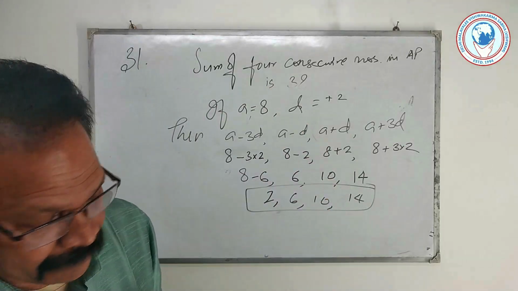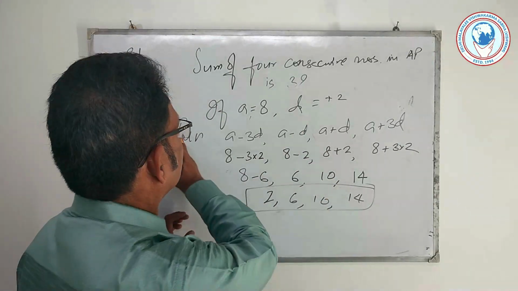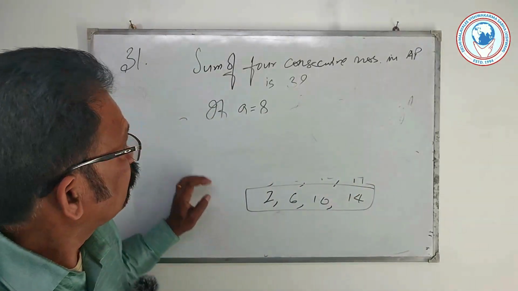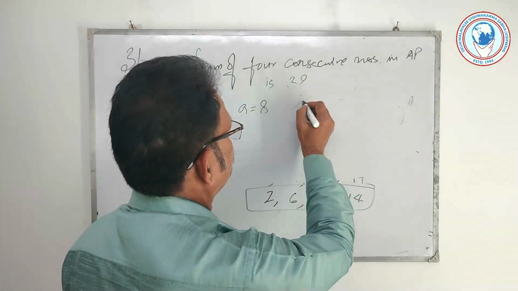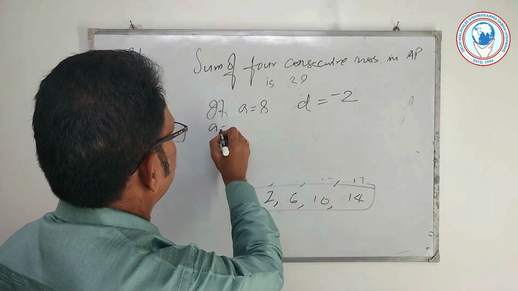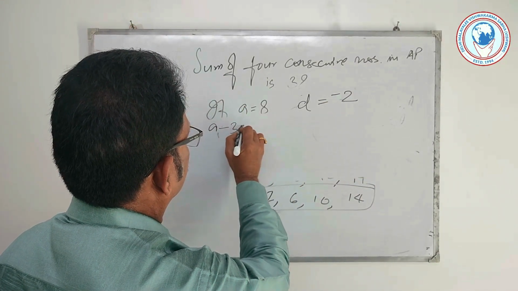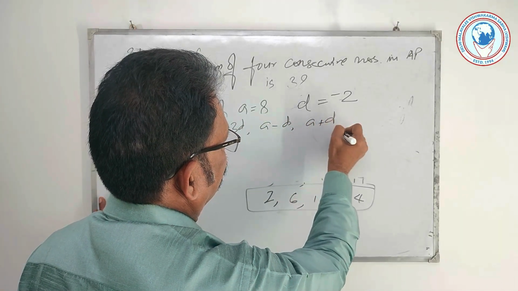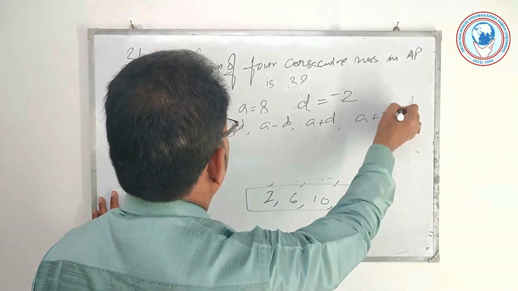If we go the other way, if a is equal to 8 and d is equal to minus 2, again the numbers are a minus 3d, a minus d, a plus d, a plus 3d.